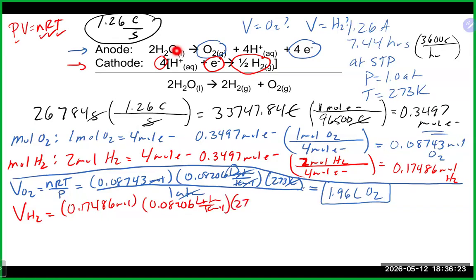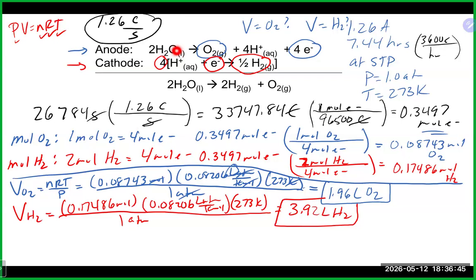Our temperature, 273 Kelvin. Again, all divided by 1 atmosphere in this case. And we'll go 0.17486 times 0.08206 times the 273. That is 3.92 liters of hydrogen was collected in this case.